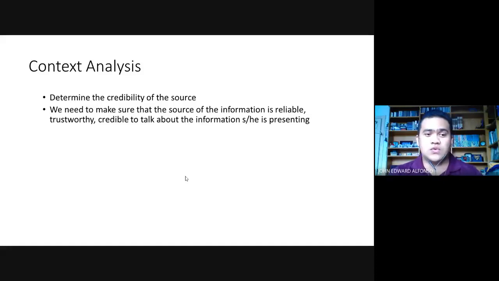That's why we need to determine if the source is credible or not. Because if we readily believe false information, it can lead to disaster, to you being harmed, to you being fooled, which will lead to you being in danger. We would like to avoid that, so we need to establish if the source is credible.